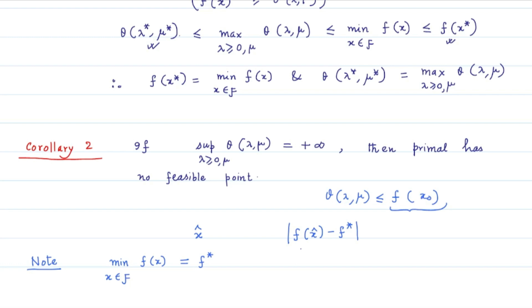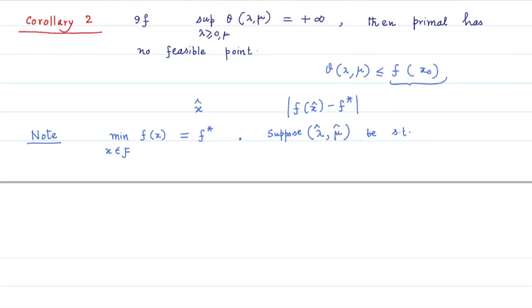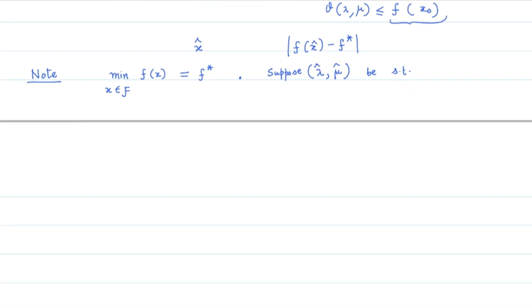Suppose that during the course of an optimization algorithm, we have a candidate primal feasible point x hat and a dual feasible point, let's suppose lambda hat and mu hat, such that the difference between the objective function value of the primal at x hat and the dual objective function value at lambda hat mu hat is less than a certain epsilon.